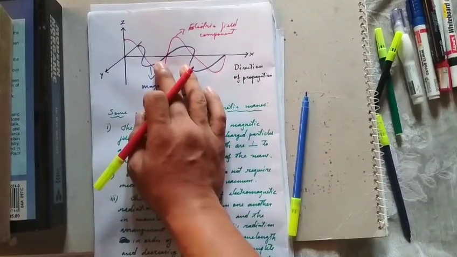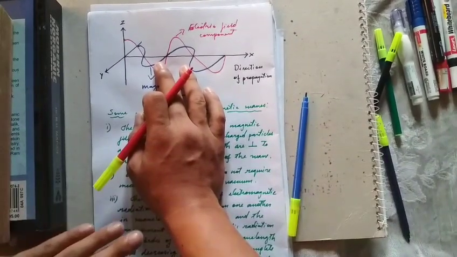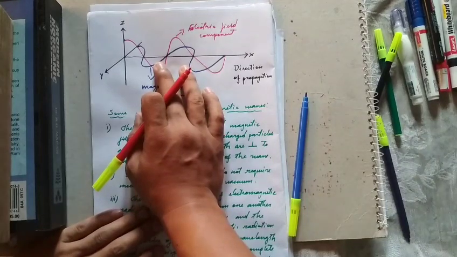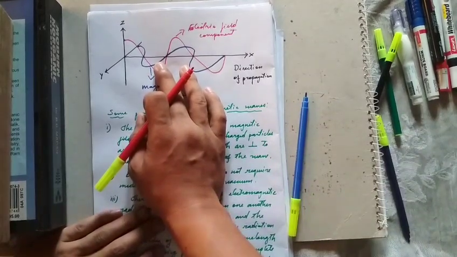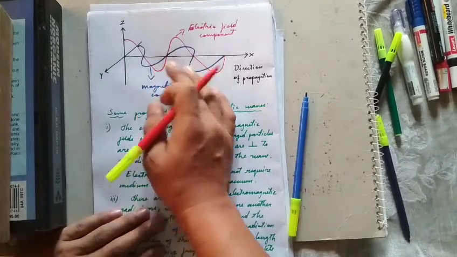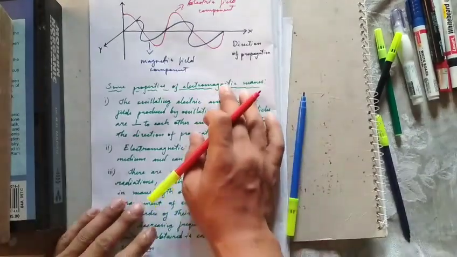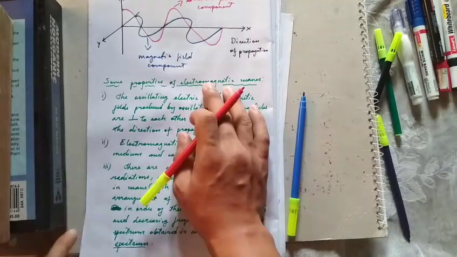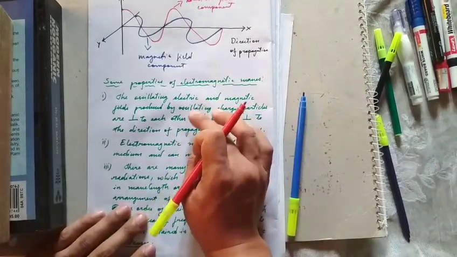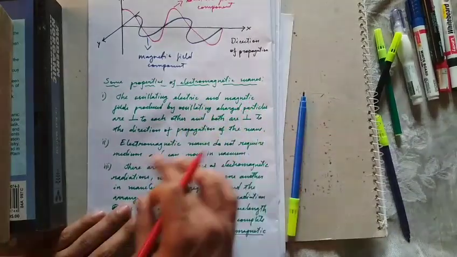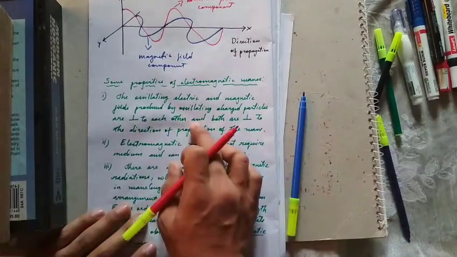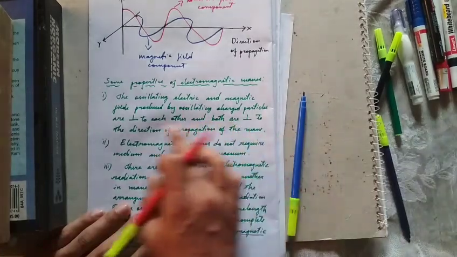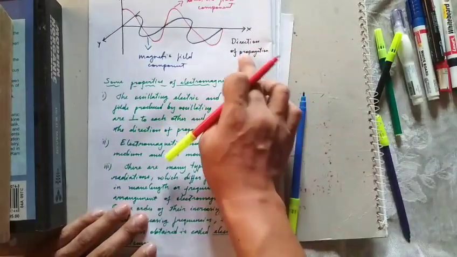So Maxwell was the first to reveal that light waves are associated with oscillating electric and magnetic character. This oscillating electric and magnetic field, produced by oscillating charged particles, are perpendicular to each other, and both are perpendicular to the direction of propagation.